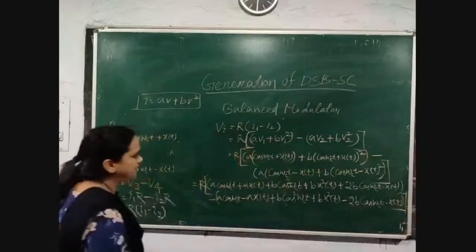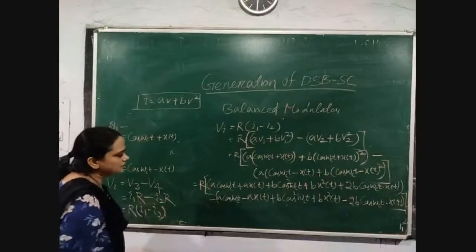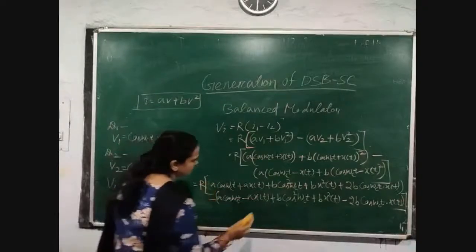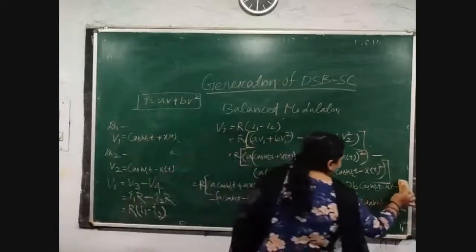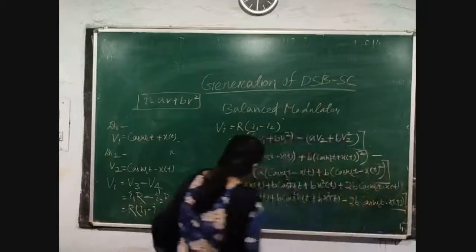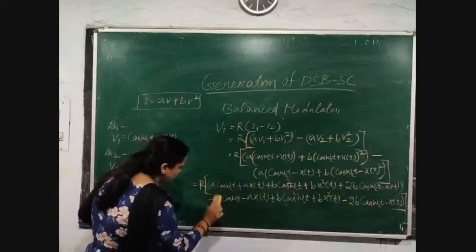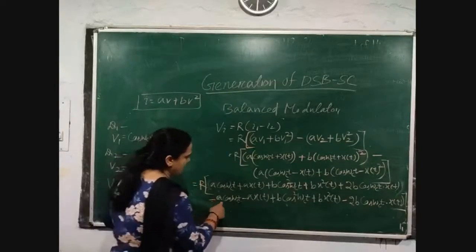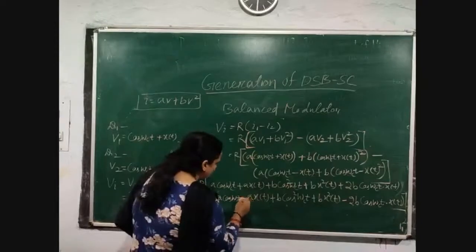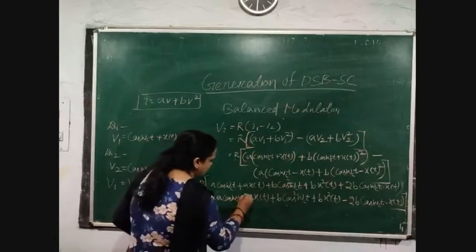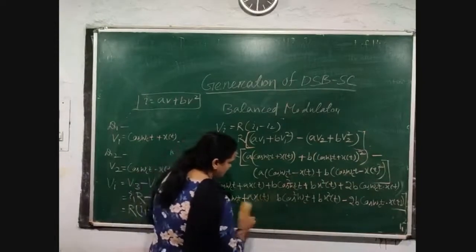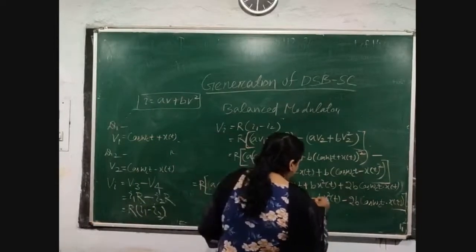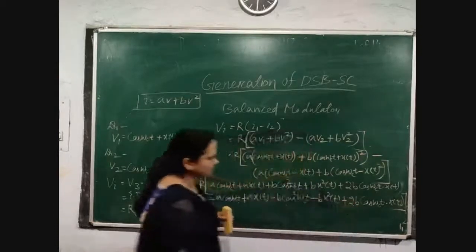Okay, then we just open up all the brackets. So here, when we open this bracket, then due to the presence of minus sign, it changes all the other signs, means due to the minus sign it becomes plus, then it becomes minus, then it becomes minus, and it becomes plus.